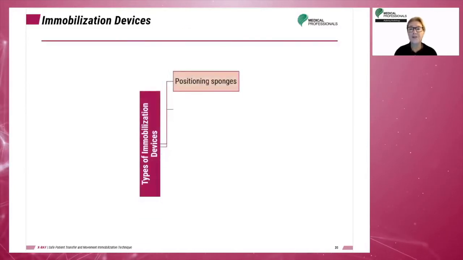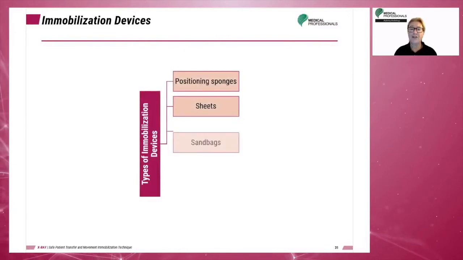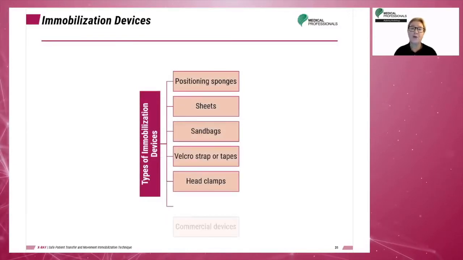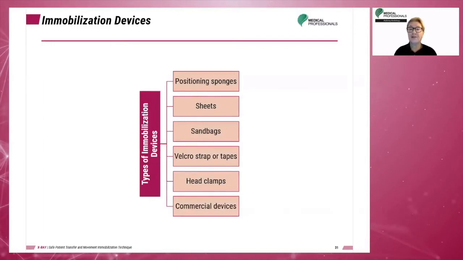There are numerous types of immobilization devices. Positioning sponges are radiolucent. Sheets, Velcro straps, or tapes can wrap around and immobilize a part. Head clamps will hold the head in place for sinuses, facial, and skull imaging.